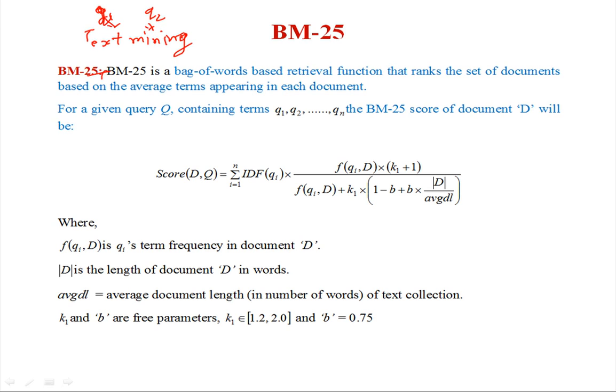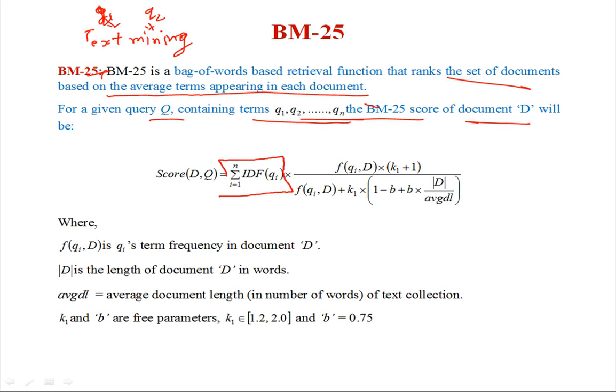The BM25 based scheme is a bag of words based retrieval function which ranks a set of documents based on the query terms appearing in each document. For a given query Q, suppose it contains terms Q1, Q2 to Qn. The BM25 score of document D will be given as follows. It also contains two parts.